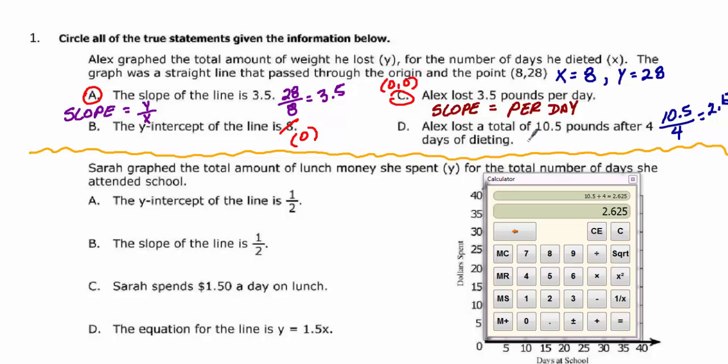That's not true. That's a false statement. And in fact, I could do it another way. 4 days of dieting, it would have to be 4 times 3.5. 4 times, because 3.5 is the per day, he actually lost 14 pounds. If he dieted 4 days and his scale says 10.5, maybe he needs new batteries on his scale.